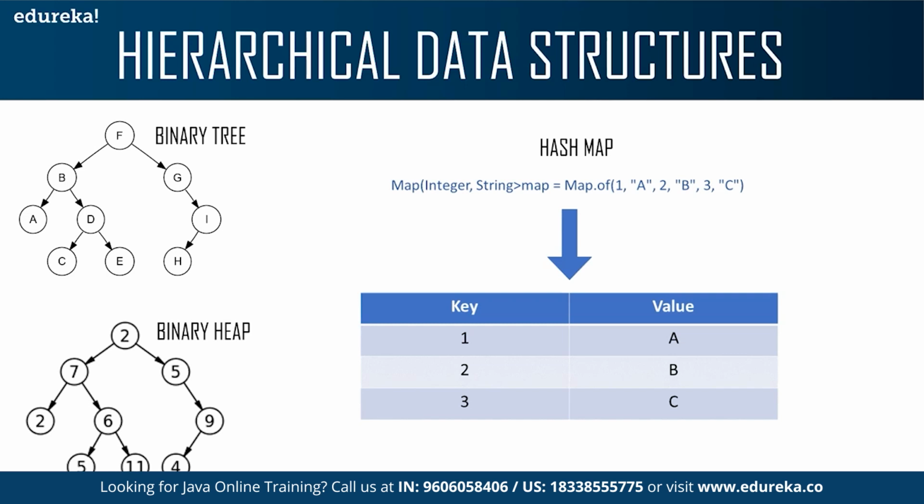The integer n defines the capacity of the array. Next, hash function. It is any function that maps each key k in our map to an integer in the range 0, n minus 1, where n is the capacity of the bucket array for the table.